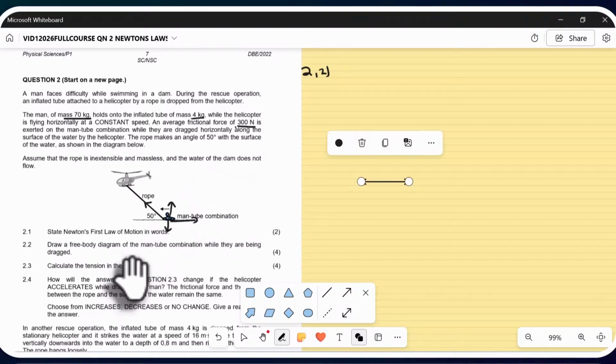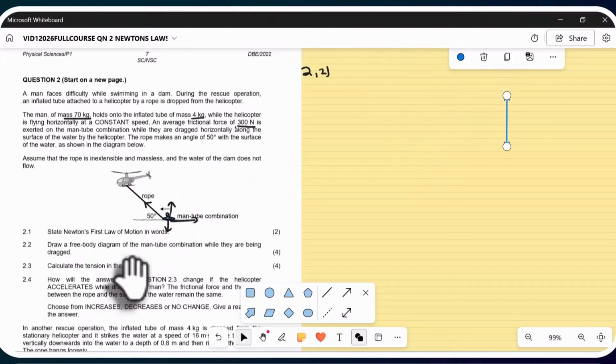The weight of the man and the combination opposite each other like this. Okay, that's what we have here.